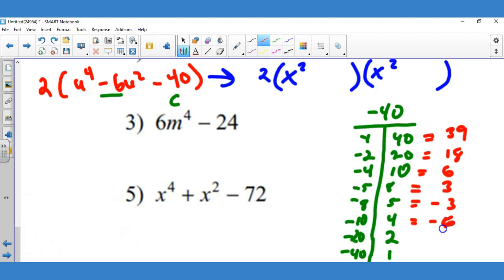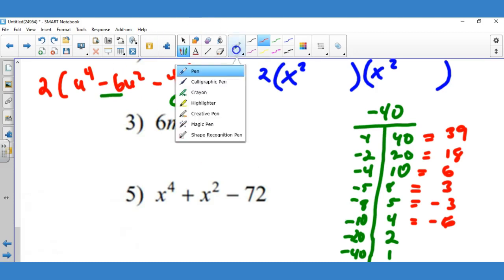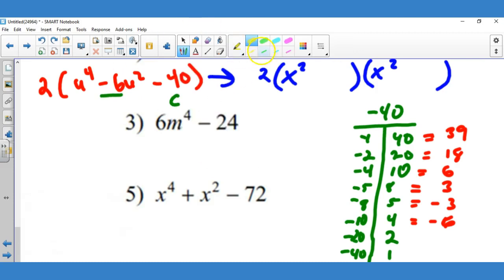I'm going to stop right there, because -6 is the number we want. The pair we want is -10 and 4, because they give me -6.